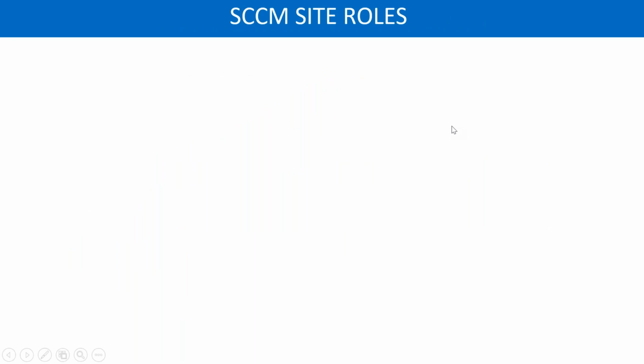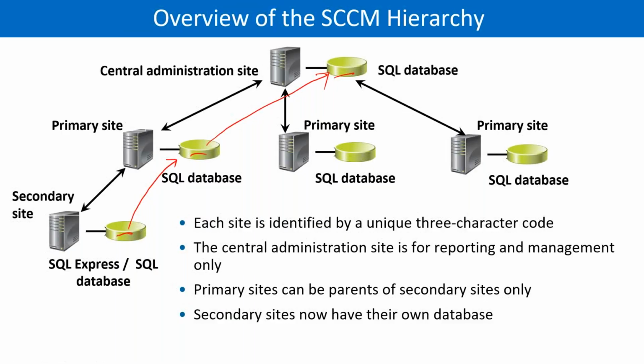I've got a question. In order to know SCCM, do we need to have knowledge of SQL also? Not needed. SQL knowledge is not needed. You just need to understand that SCCM is storing the information in SQL. And in training, I will give you a little bit of basic information on how you can fetch reports from the database and how you can access the database.